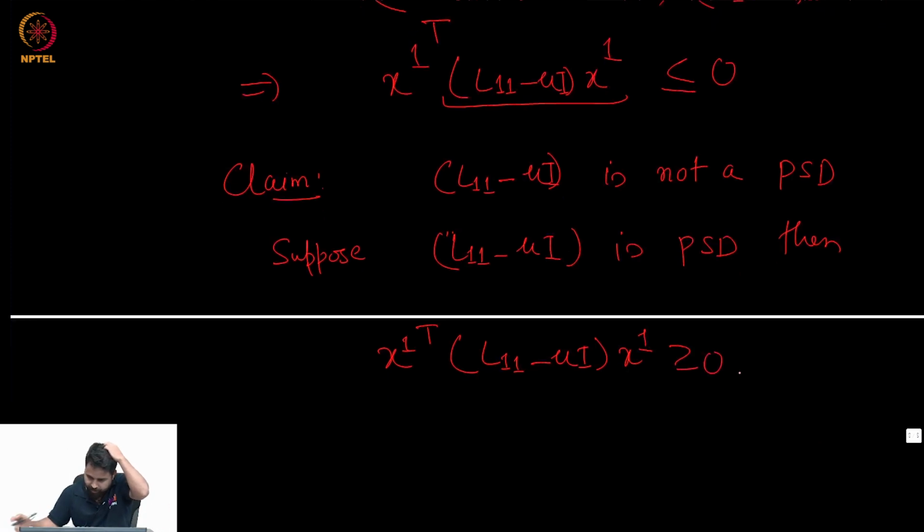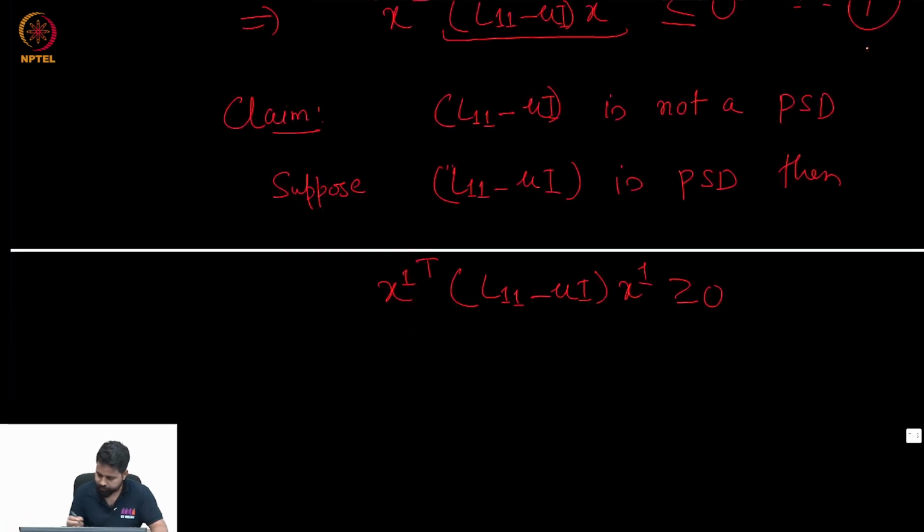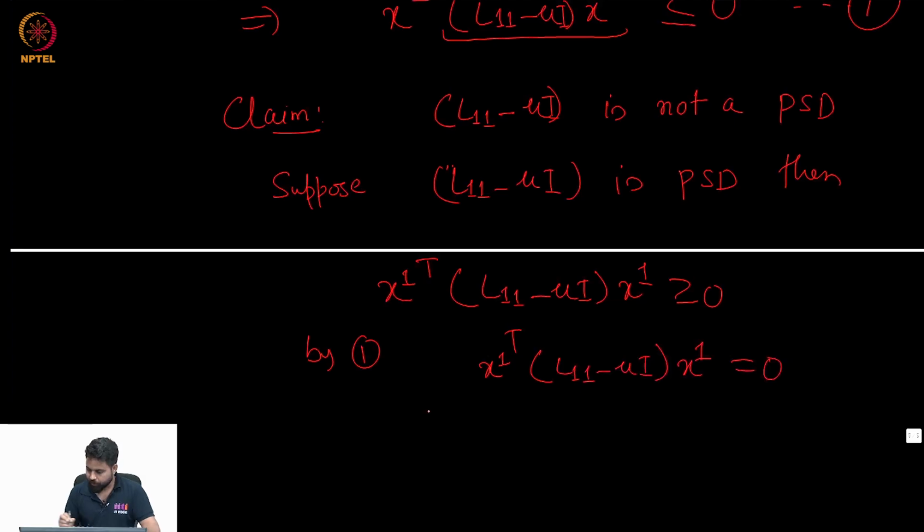Let me call this 1. So by 1, this implies that x1 transpose times L11 minus mu times the identity matrix times x1 will be equal to 0.